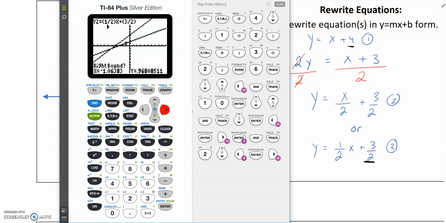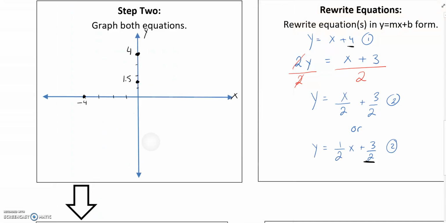Move to the right of it, enter, click enter again, and there it is at -3 and 0. So at this point you're going to take out your ruler or straight edge and connect those 2 points.